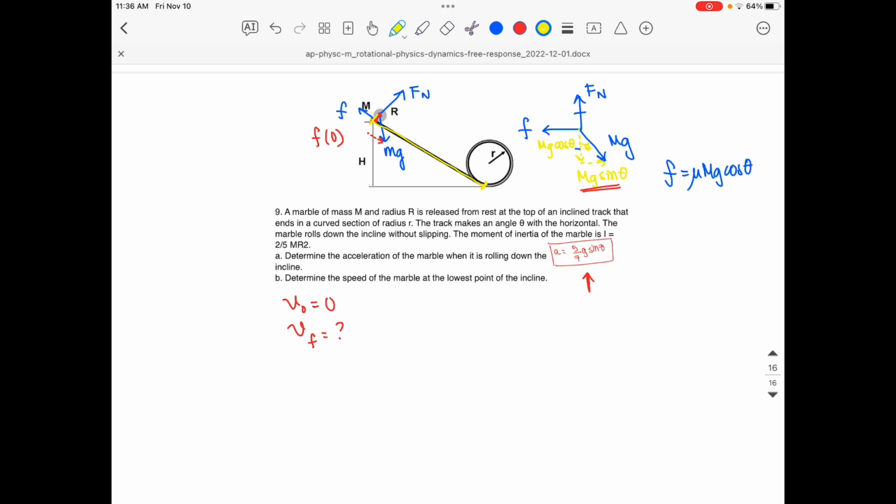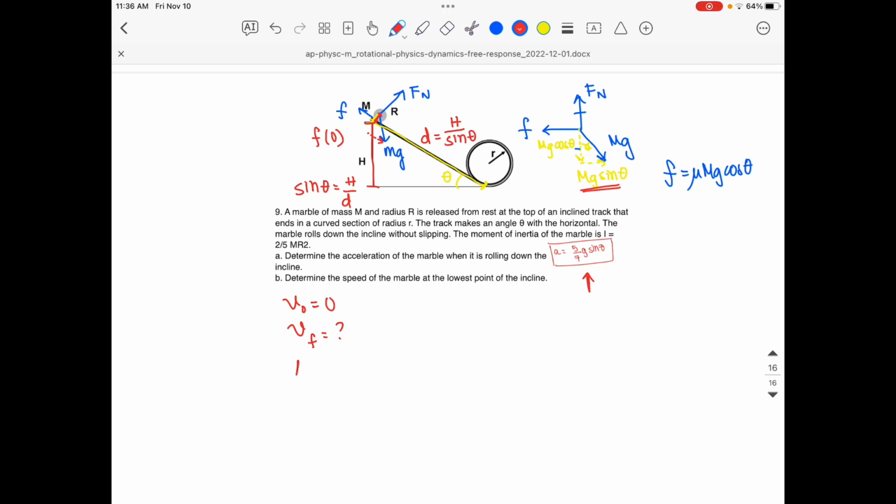And in order to get that value, we know that this is theta. We've got a height here, and if we're trying to find this distance, we can use opposite over hypotenuse, so sine theta. We know sine theta is equal to h over d, and if I'm solving for d, then d is equal to h over sine theta.